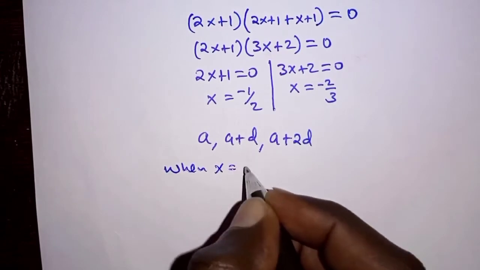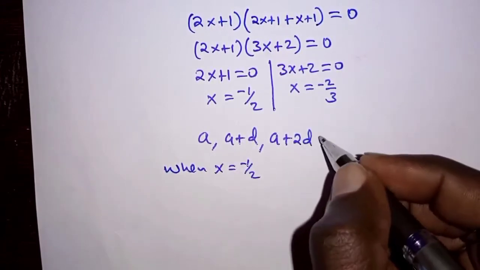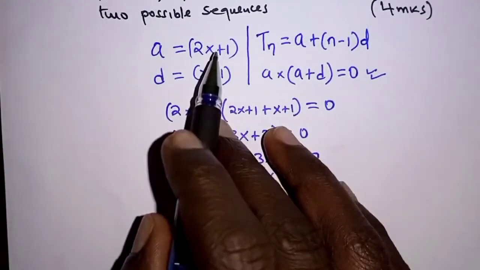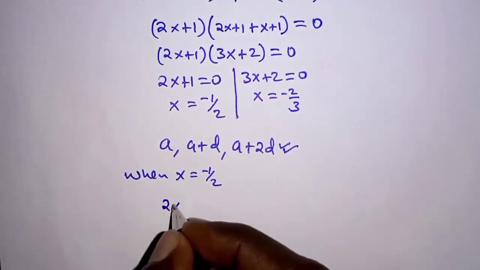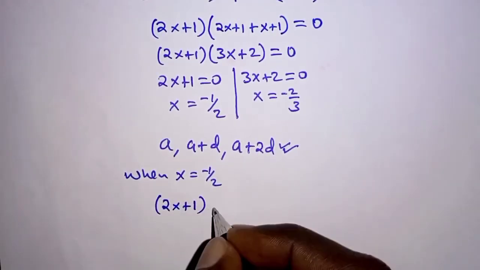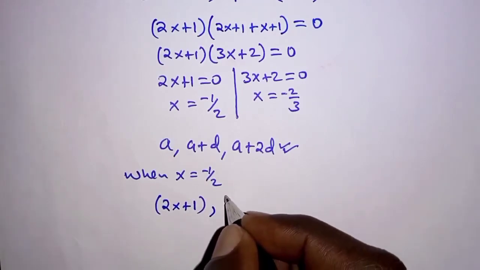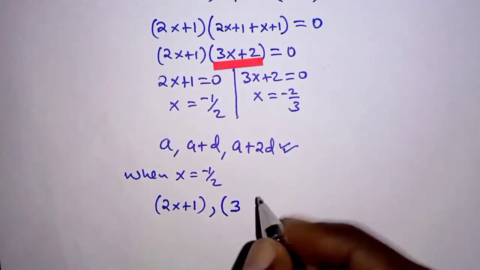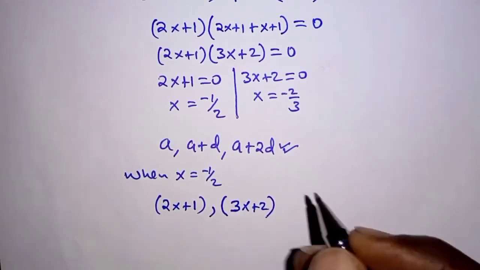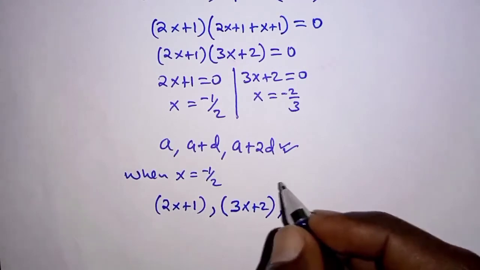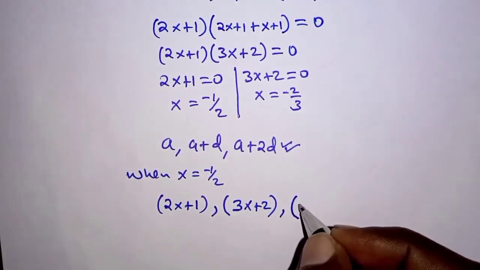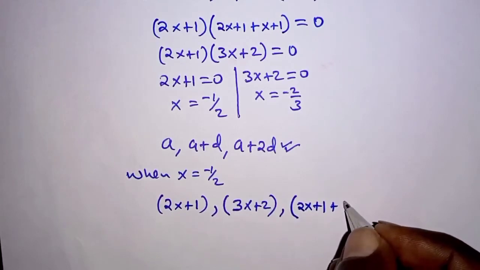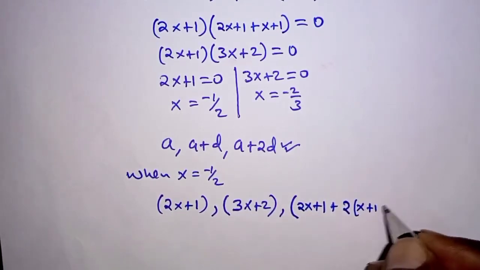Now, when x is equal to negative a half, we can do our substitutions in this sequence, and that means for a, which is given as 2x plus 1, a is 2x plus 1, and then the second term we have a plus d, and a plus d is just 3x plus 2, and then for the next term, that is the third term, we have 2x plus 1, that is a, plus twice d, and d we have as x plus 1.